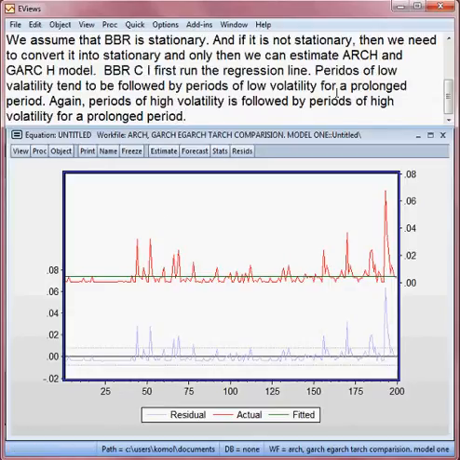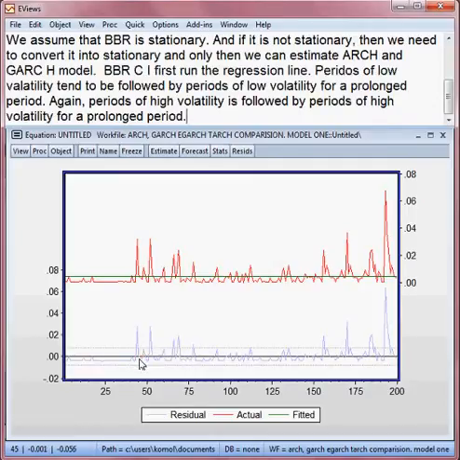So here also, from here to here, you can see, suppose from 40 days until 75 days.